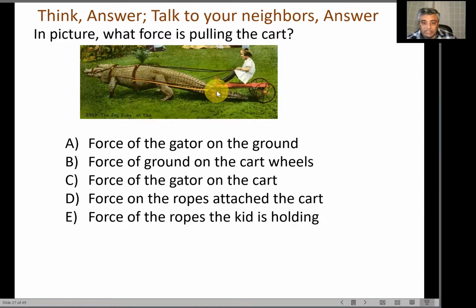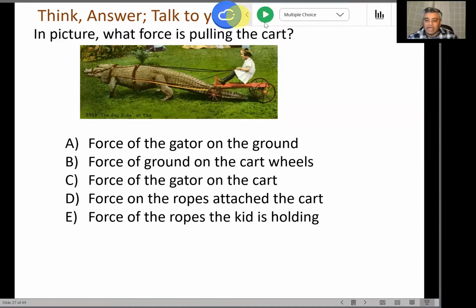That means what force is acting on the cart? What force is pulling the cart? That's the question here. So I'm opening the poll and you have a minute to answer this.